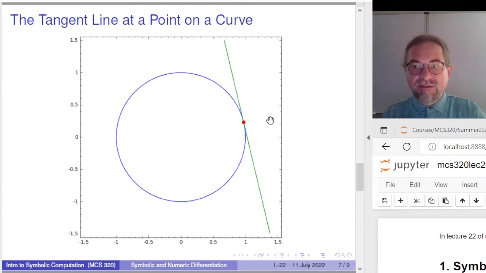So why is this special? Well, the circle x squared plus y squared minus 1 does not provide an explicit way of writing y in function of x. And that's one of the simplest cases for which we can illustrate implicit differentiation.